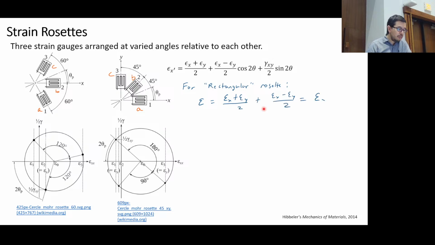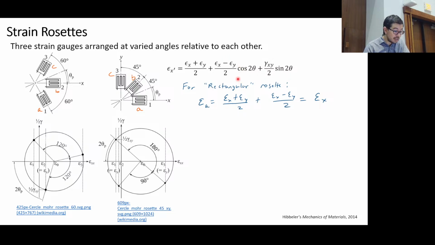So if we want to relate the A strain to the X direction, epsilon x, that's trivial, right? Because that A strain gauge is in the same direction as X. So I don't even have to use strain transformation equations. I can, right? But I'm going to get cosine of 2 theta equal to 0, so this knocks out, and I get sine of 2 theta.